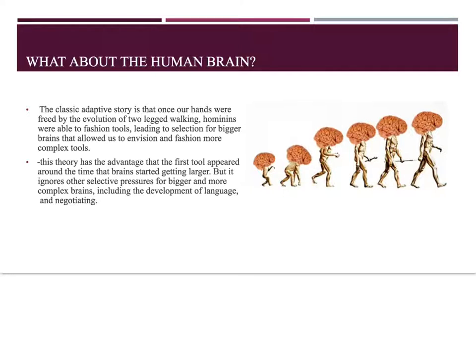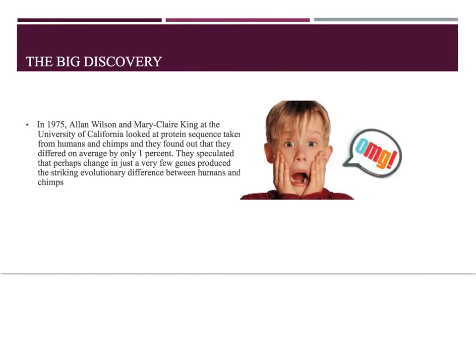Humans were able to fashion tools, leading to selection for bigger brains that allowed us to envision and fashion more complex and complicated tools. This theory has the advantage that the first tool appeared around the time that brains started getting larger, but ignores other selective pressures for bigger and more complex brains, including the development of language and negotiating.